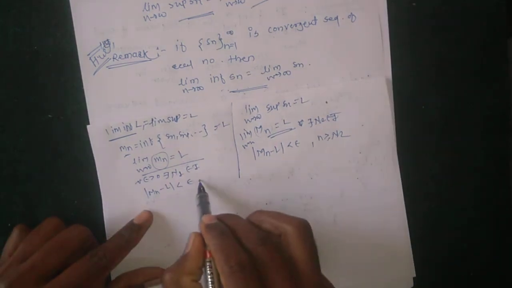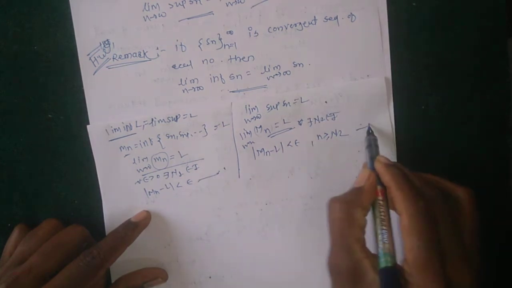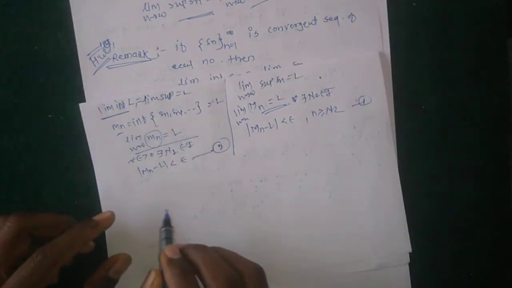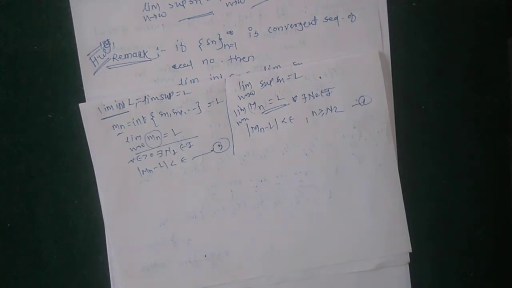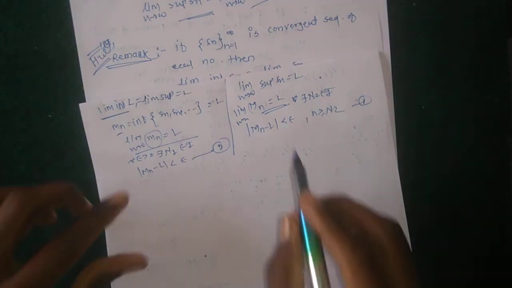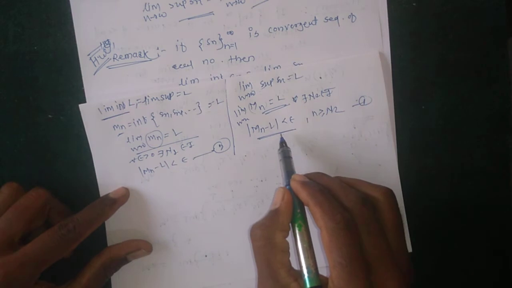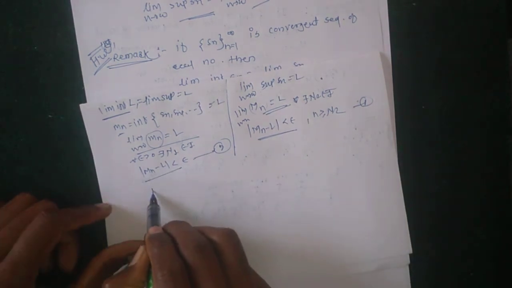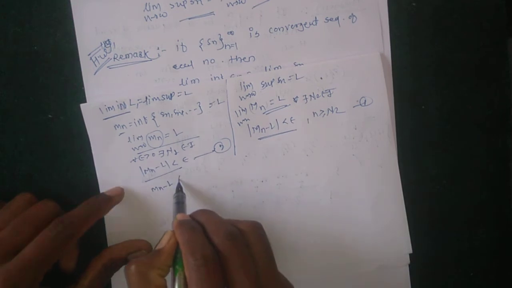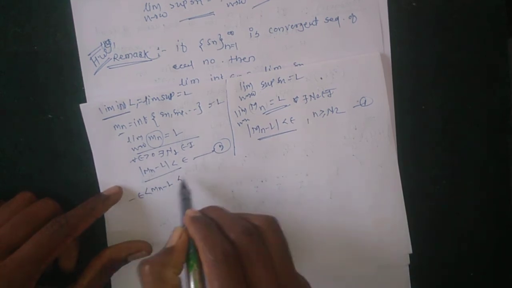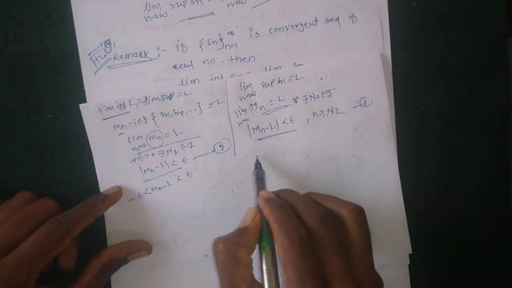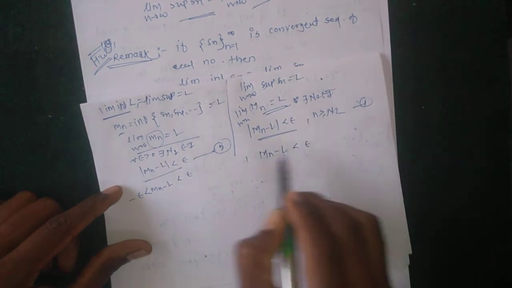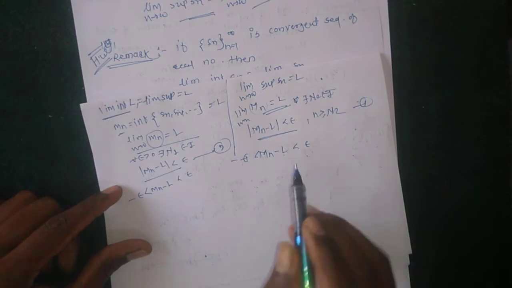Now, this is equation number 1 and this is 2. Here mn minus L must lie in between minus epsilon and plus epsilon, and capital Mn minus L also lies in between minus epsilon and plus epsilon.